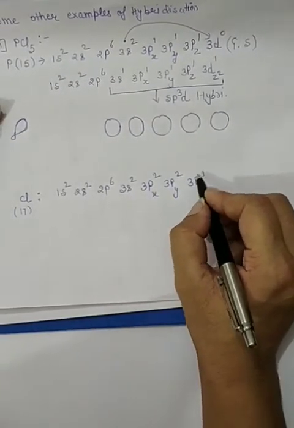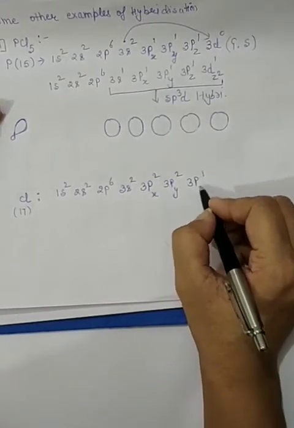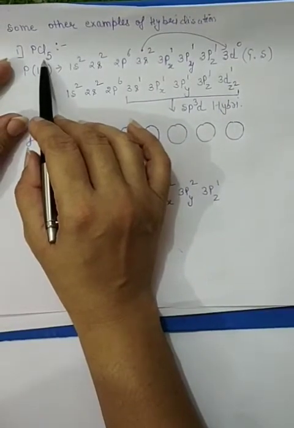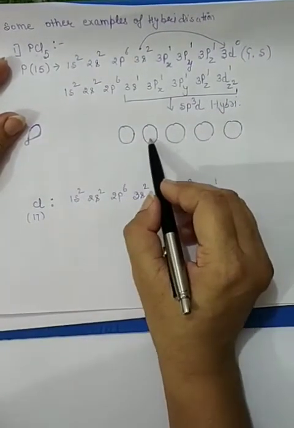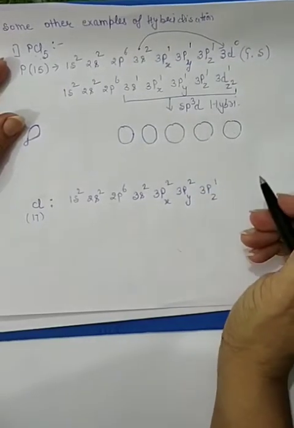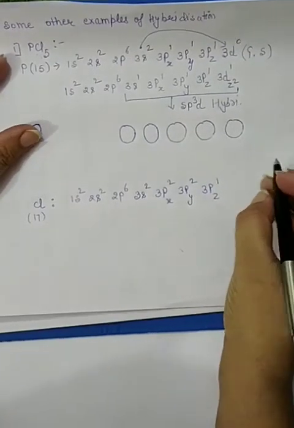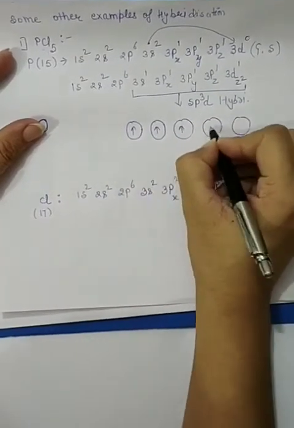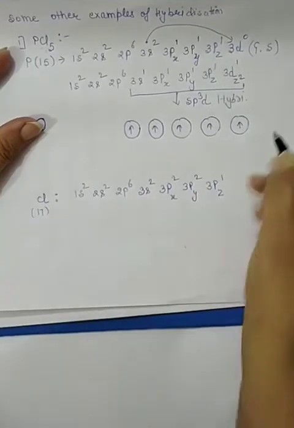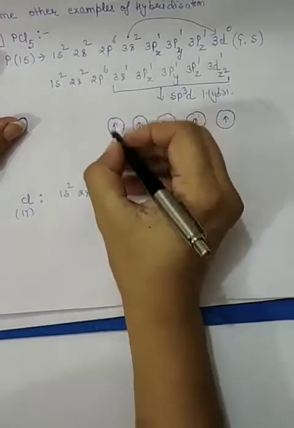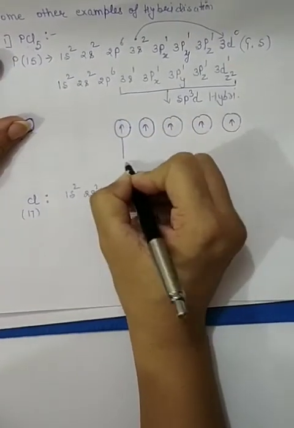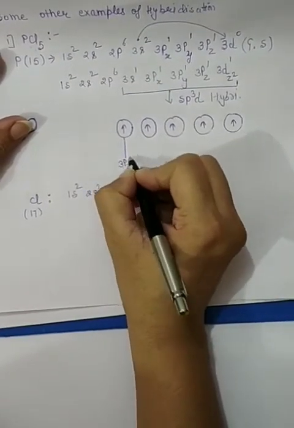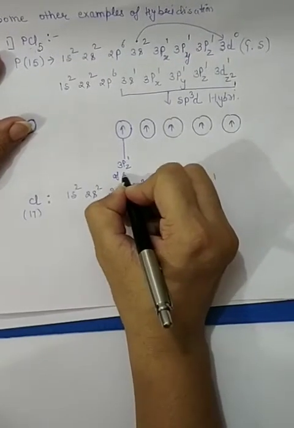Now this 3pz atomic orbital of each chlorine atom overlaps with an sp3d hybrid orbital of phosphorus to form the covalent bond. Hence phosphorus has 1 electron in each hybrid orbital. This forms a covalent bond with 3pz of one chlorine.